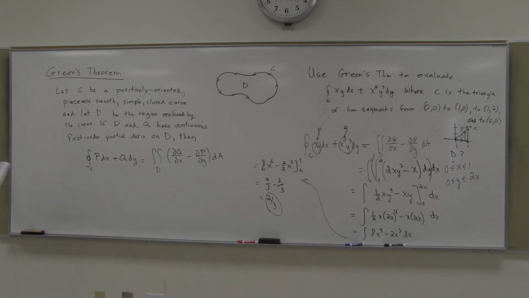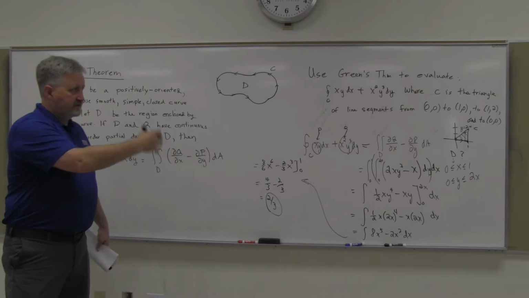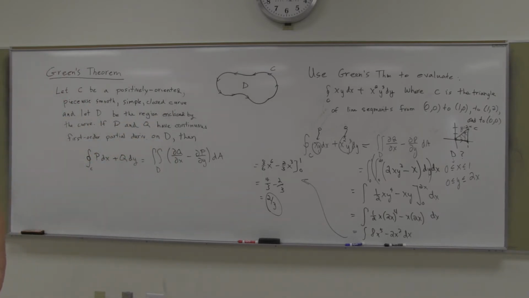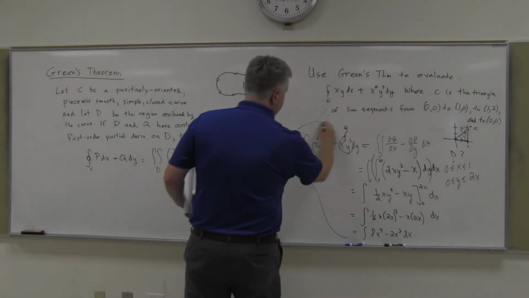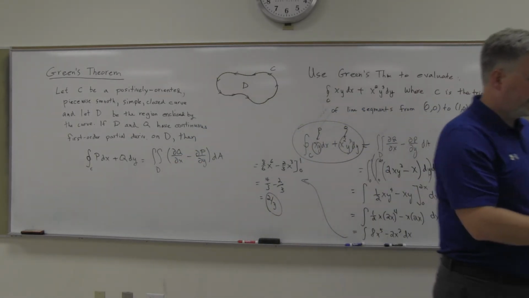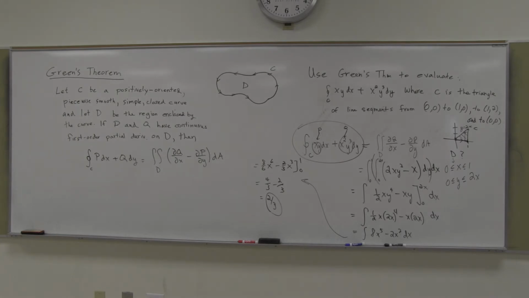Okay. So that's doing it via Green's theorem. To save a little time, I worked this same line integral right here, using the same little triangle, by the direct method, and you can work all the way through it if you want.